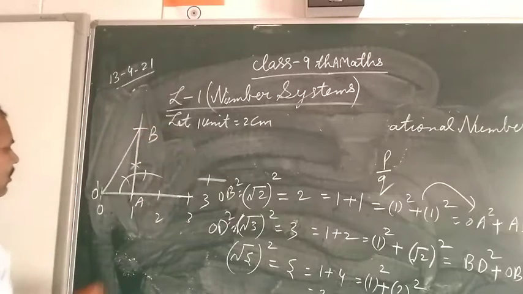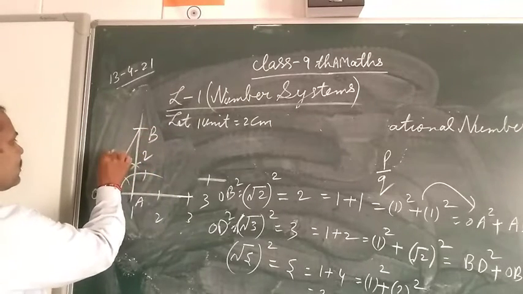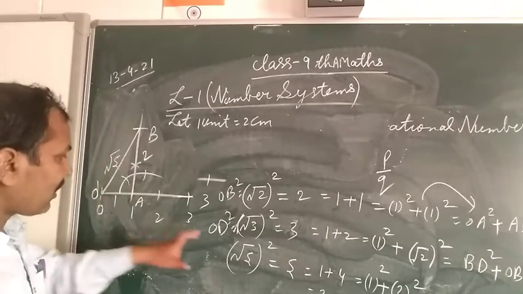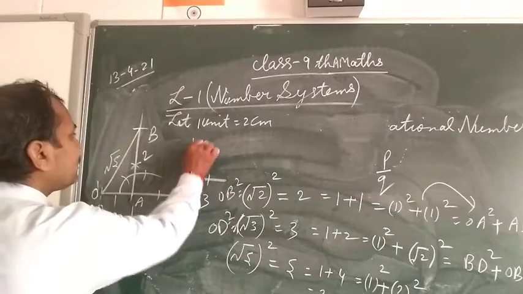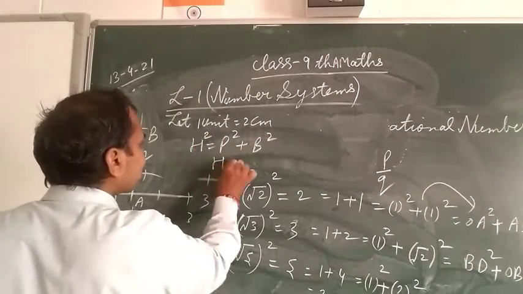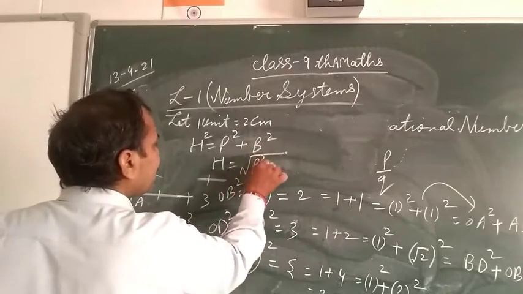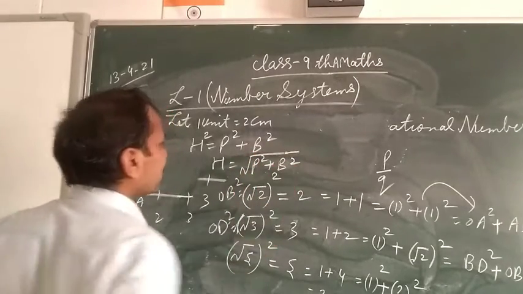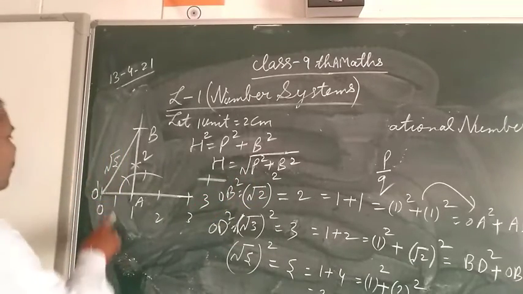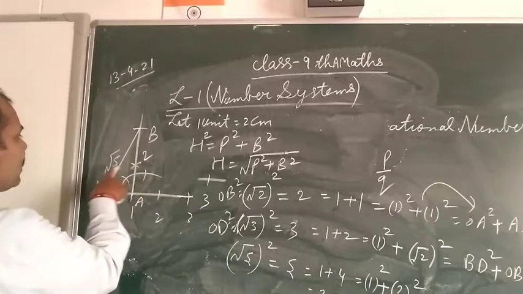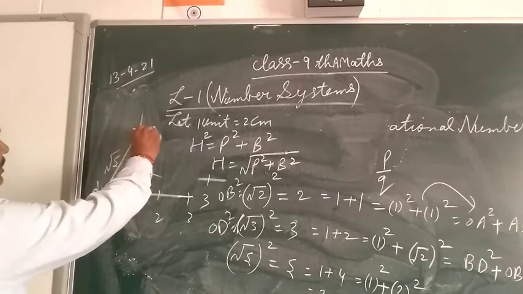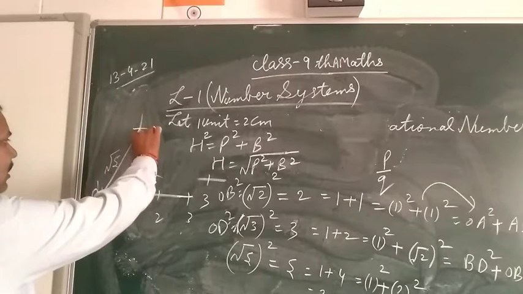So this one and this 2, so this will be under root of 1 square plus 2 square, by the formula hypotenuse square h square is equal to p square plus b square. Then h will be under root of p square plus b square. So this 1, 2 and this under root 5. Clear?